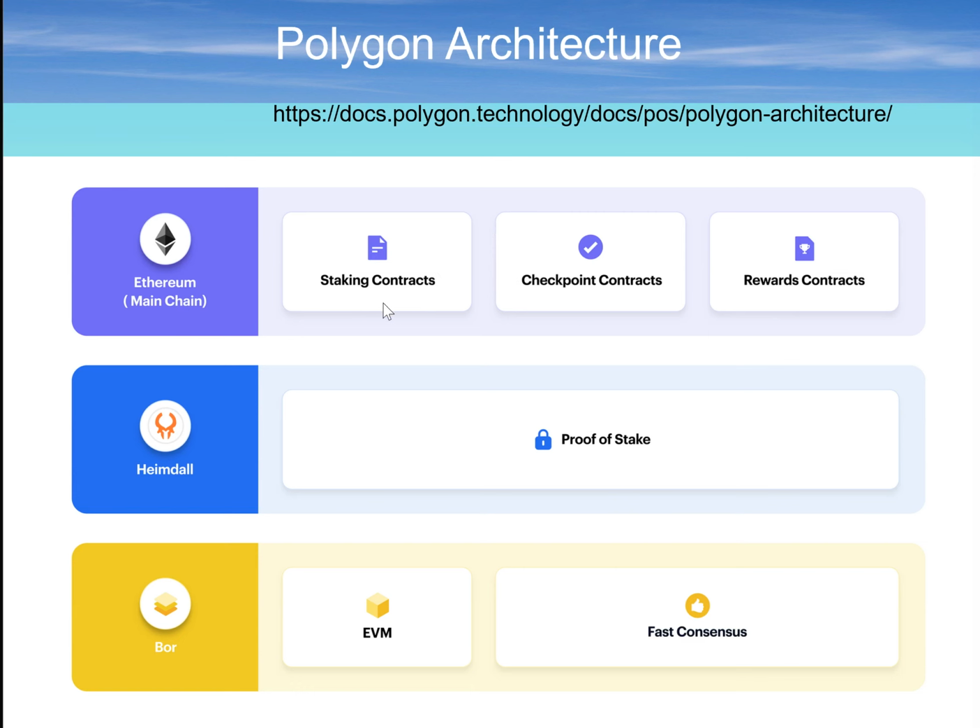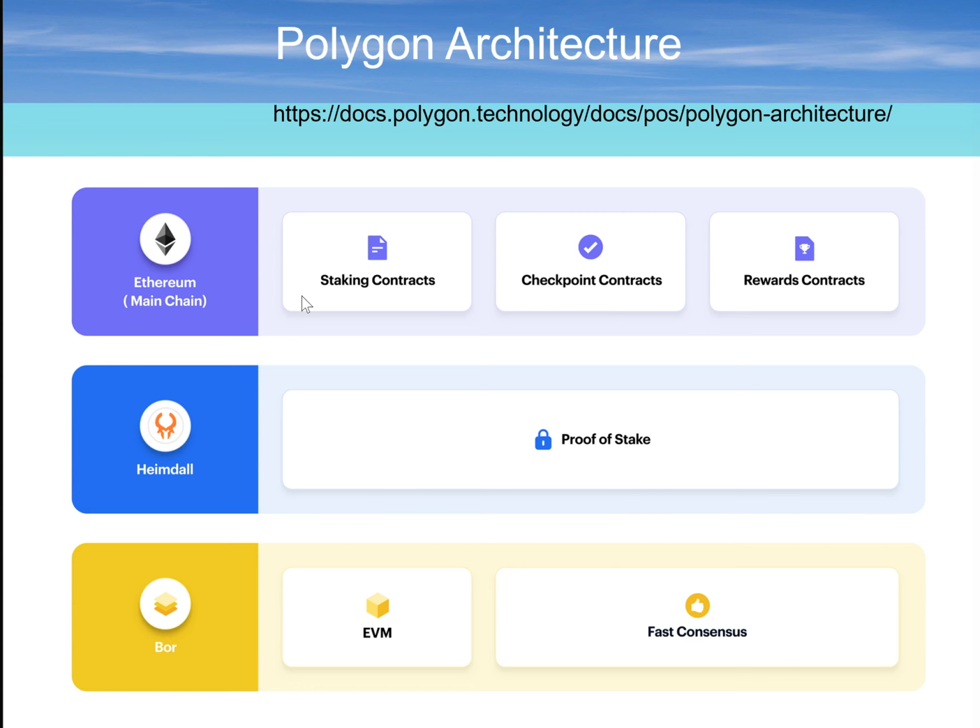Of course, the staking contract is used for people to stake their Polygon native token Matic. And then with checkpoints, people can use this contract to save the change of state in the checkpoint over here. And the rewards contract is going to reward people because they stake.